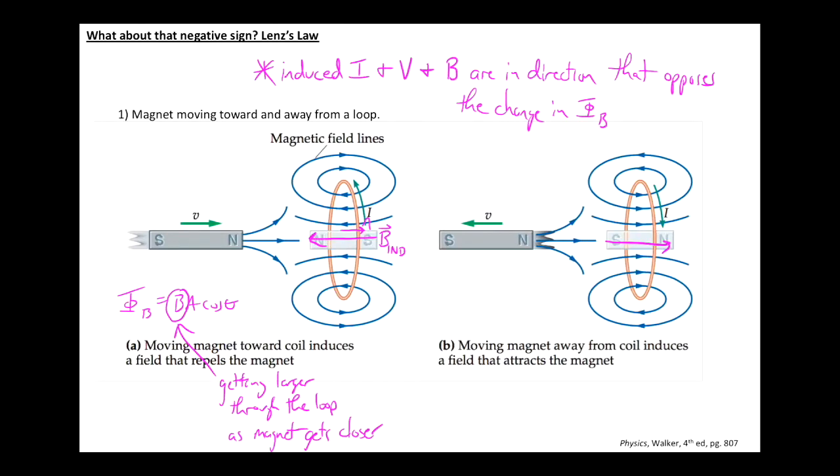So I already have magnetic flux to the right. I'd like to keep it there, so I'm going to create my own magnetic field in that direction in an effort to maintain what's there. If that happens, notice once again, now we've got B induced this way, and now we've got an induced current that's coming around this direction, okay?